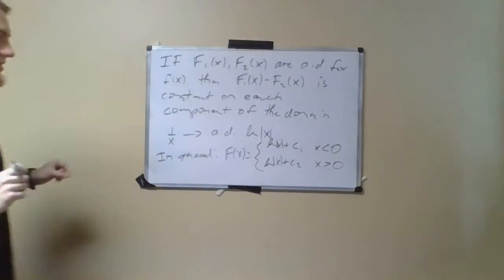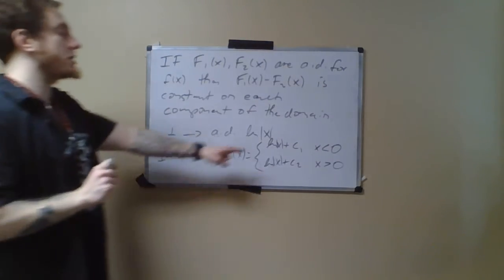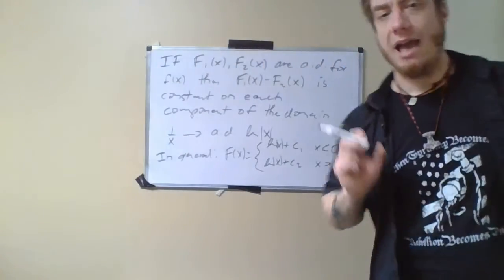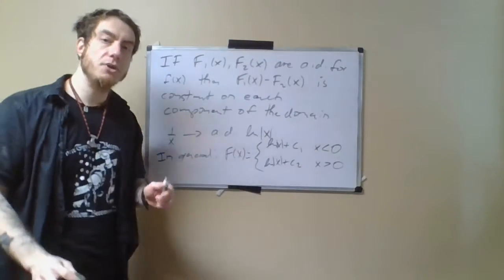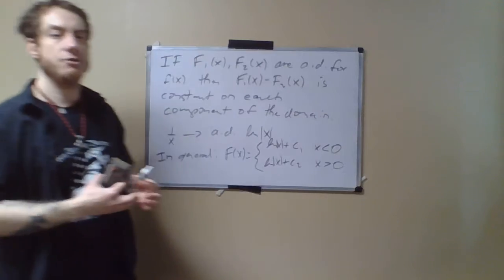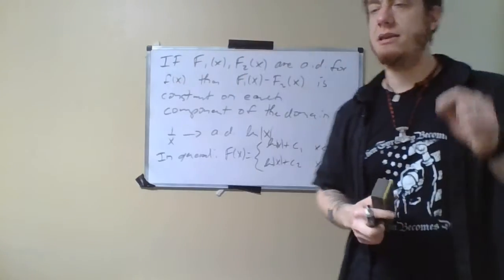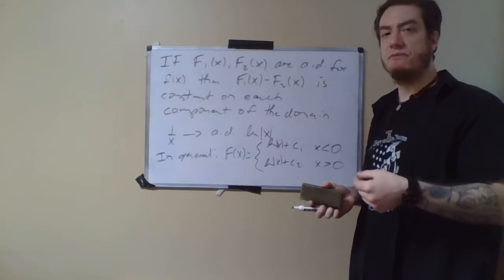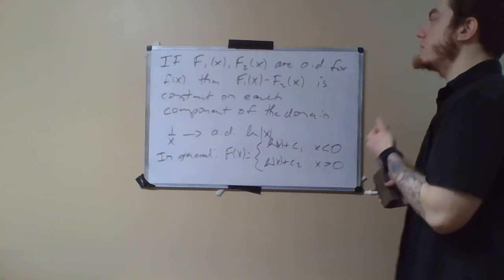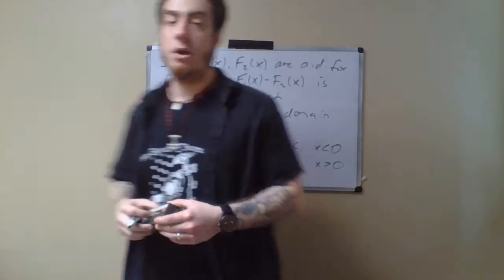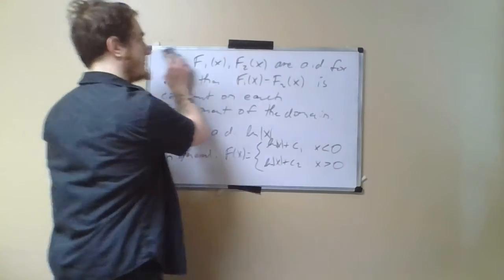And because of this, there's more than one constant involved. However, by convention, when we talk about indefinite integrals, we just use one constant. So the indefinite integral is the most general antiderivative on one connected component of the domain of the function. So that's why we just have one constant of integration.